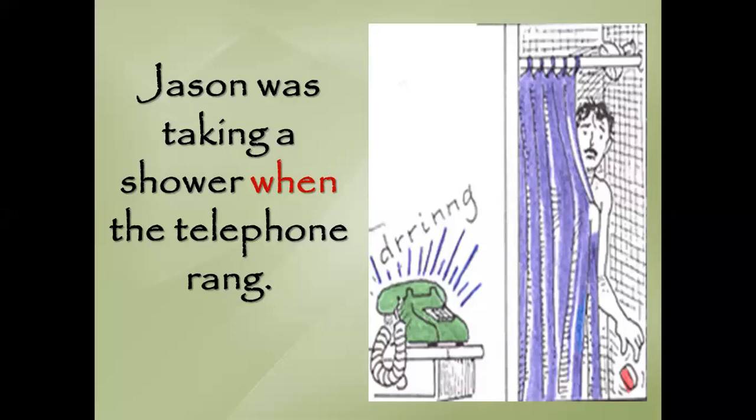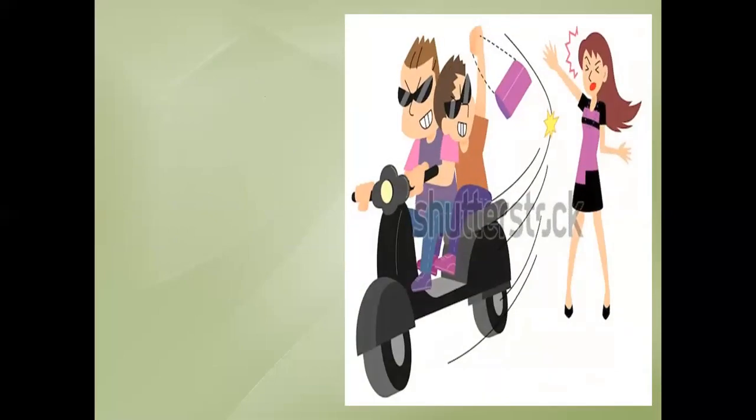The first action that was continuous in the past should be used in the past continuous tense. But the other action, the short action, should be used in the past simple tense, like rang here. All right, what about this woman? What was she doing? Maybe she was going to work? All right, what happened? While she was going to work, what happened?